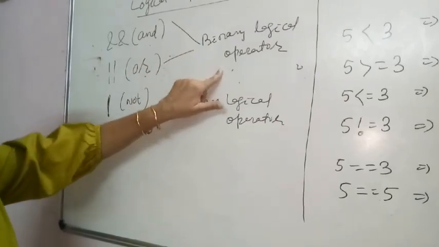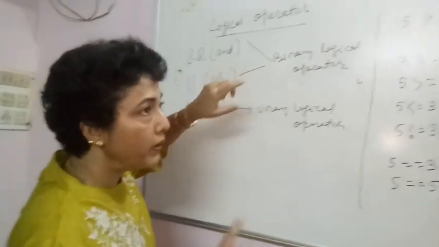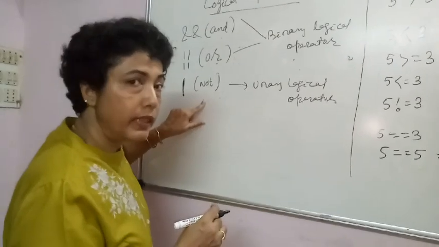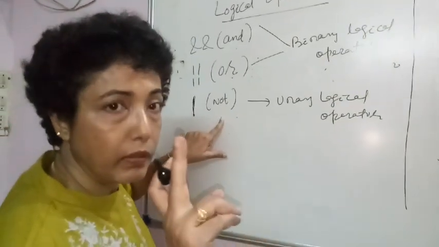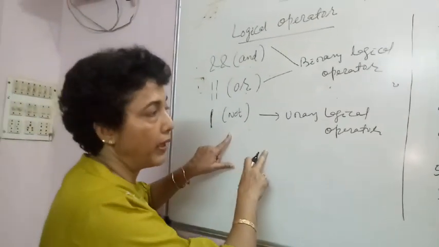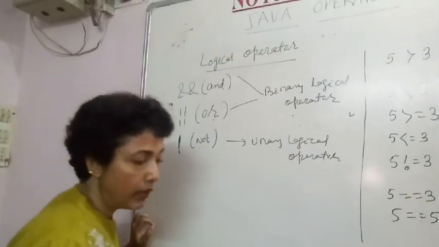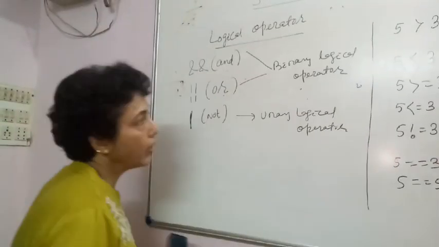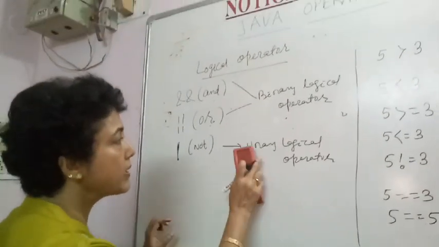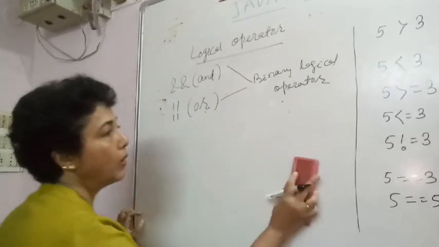Binary logical operators, like binary arithmetic operators, appear in between 2 relational expressions, whereas this will take one logical expression or relational expression as its operand. That is why it is unary. The expression formed by using these logical operators is called a logical expression. The result they produce is true or false.